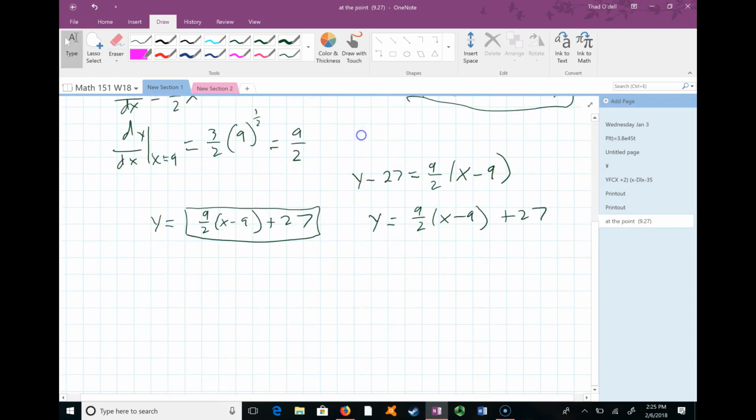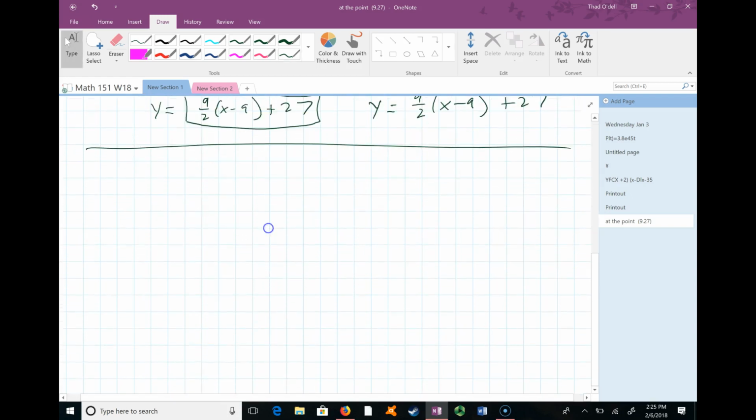Okay. So now we'll do homework 4, number 7. This time the function is f of x equals 2x squared minus 7. At least that's my function. Yours will be a little bit different. This has 3 parts.